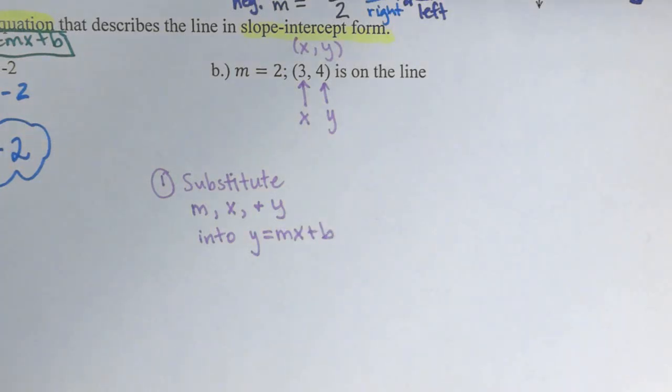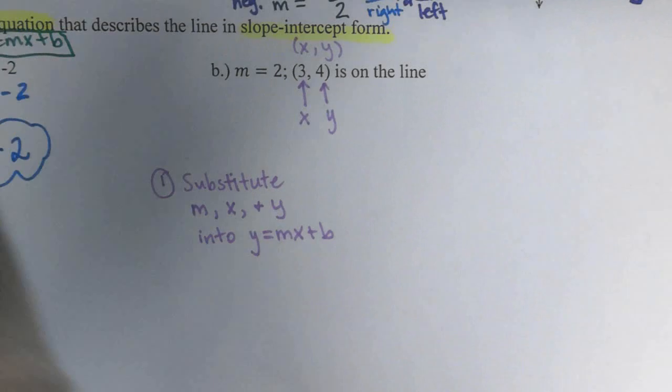Okay, so you're going to substitute m, x, and y into y equals mx plus b. Okay, so when I come around and check your notes, I'm looking that you have these directions written down, okay?